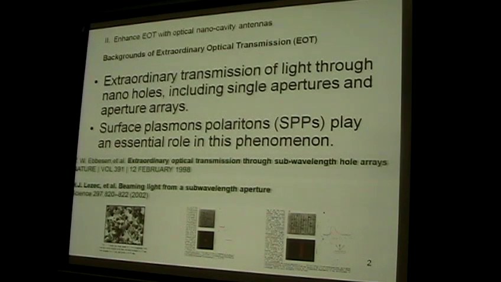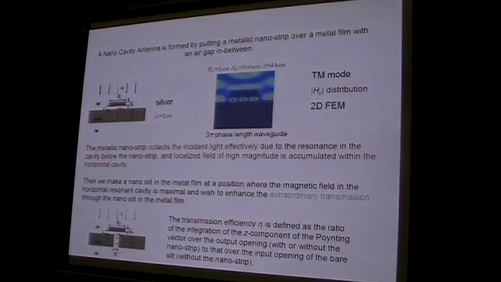Yes? How do you get the nanorods over the holes? Pardon? How do you get the rods to stay over the holes? Well, if you use the clean room facility, just putting a spacer there and then etching the hole would not be difficult, but the cost is too high.